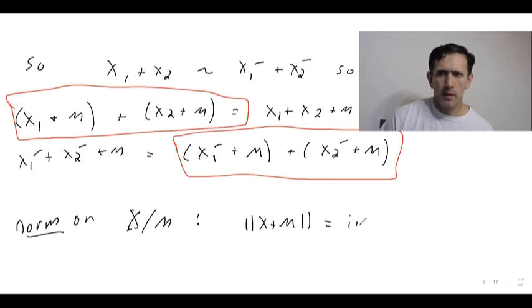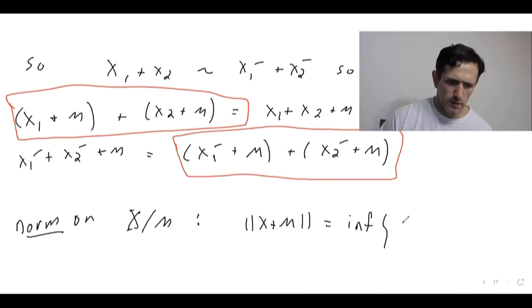So it's going to be the inf, not oomph. So it's the infimum of x minus m, or if you wish, x plus m. M is a subspace, so it doesn't matter.